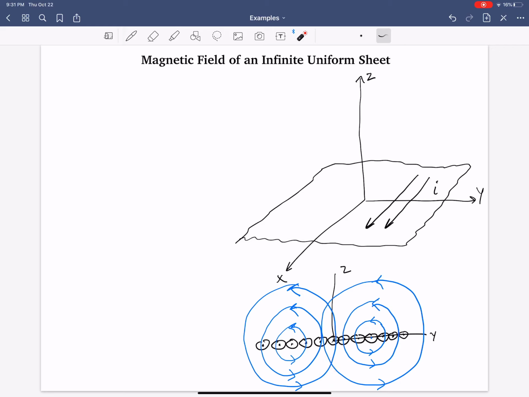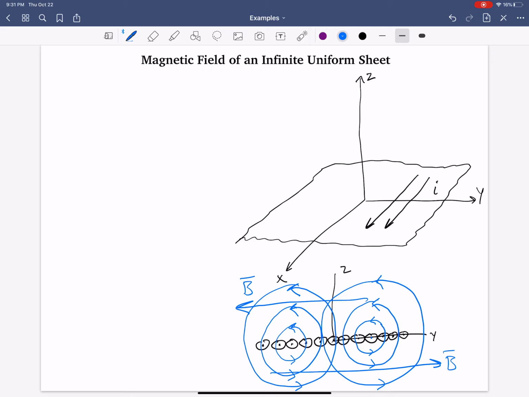And so what effectively happens is that there is an overall direction to the magnetic field. Notice above, all parts of the magnetic field generally point that direction. Below the surface, they generally point this direction, in plus y.